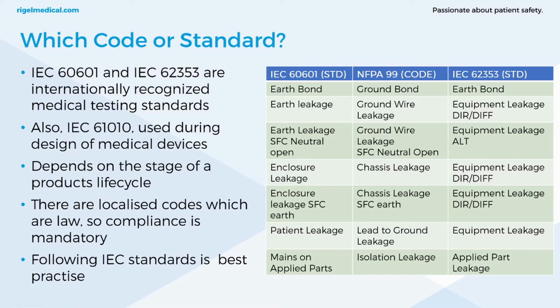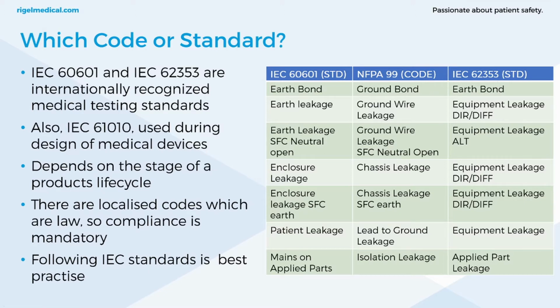Testing depends on the stage of a product's life cycle. So in this table, we've got your IEC 60601, your standard for your type tests. You've got IEC 62353, which is a standard for recurrent testing, and you've also got NFPA 99, which is a code.